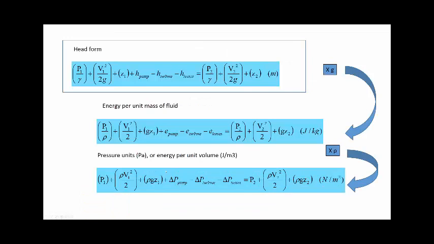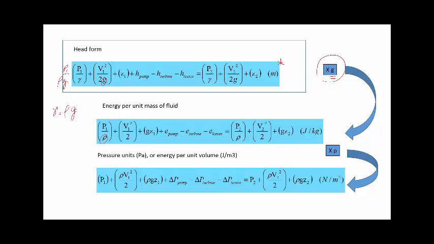So in the head form, we have this expression at the top. If we multiply this expression by the acceleration of gravity, by g, this is what we obtain. Remember that gamma, which is the specific weight, is rho times g. So if you have this expression P1 over rho times g, and you multiply times g, then this cancels and you only have rho.